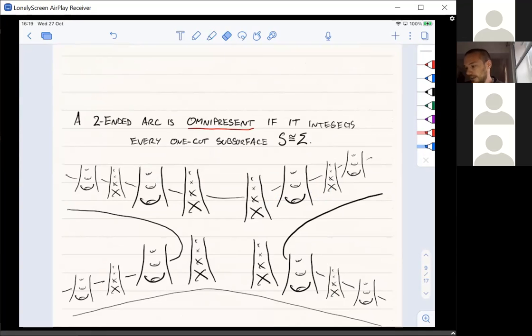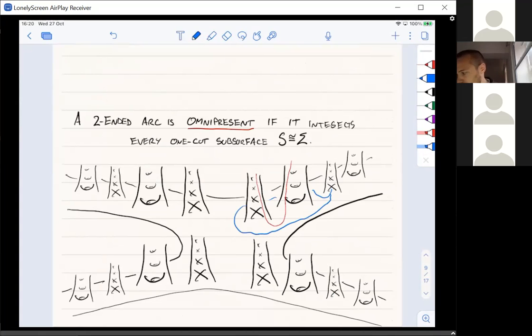So let's first of all show you some things which are not omnipresent. Well, this example I drew here is not omnipresent because, like I showed before, I can cut it away with this blue arc, and after cutting it away, the thing I have is homeomorphic to the thing I started with.